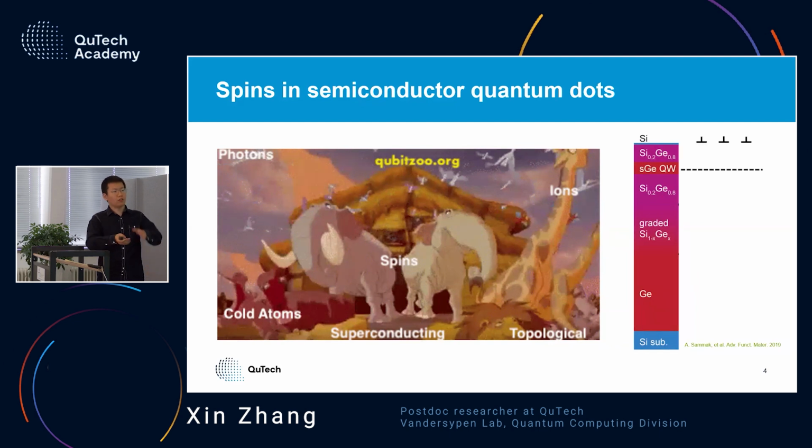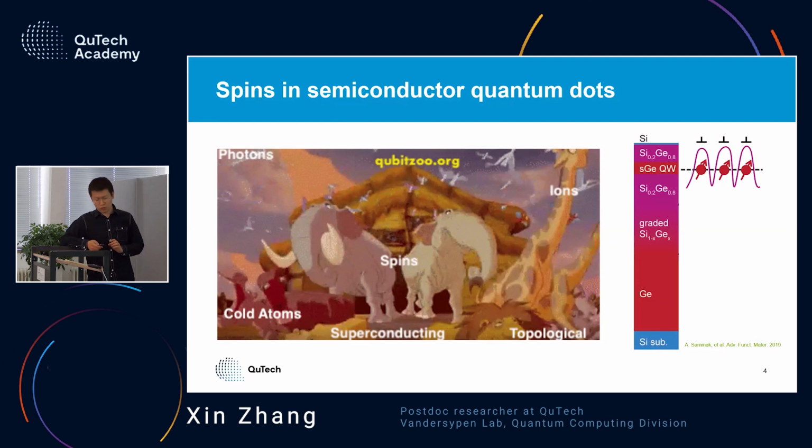With two-dimensional electrode gates on top of the heterostructure, we can form a three-dimensional control of the charges. This is where quantum dots come into play. This is a zero-dimensional entity, and we can trap the charges and control the spin.